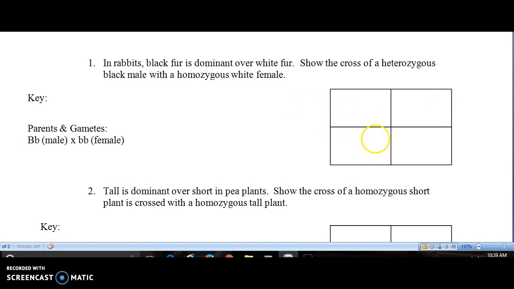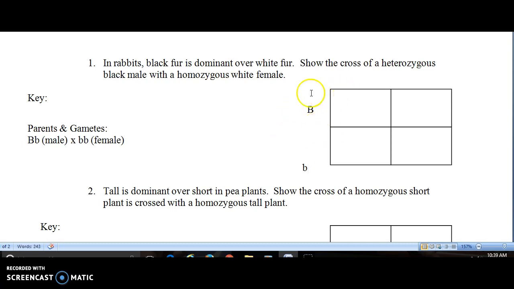So to do that, I'm going to just start out by getting over here by my square. I'm going to put the capital B here, and I'm going to go over to the lower part of my square and put that lower letter down below.